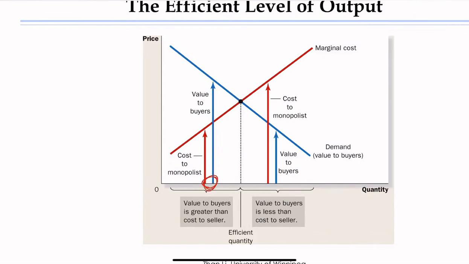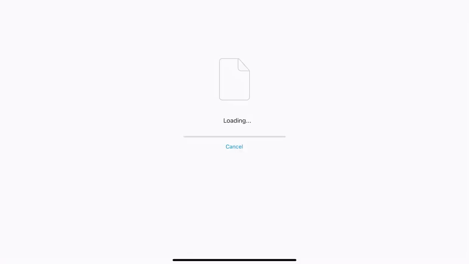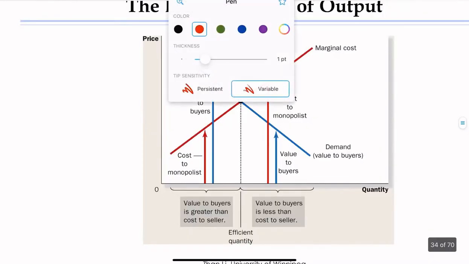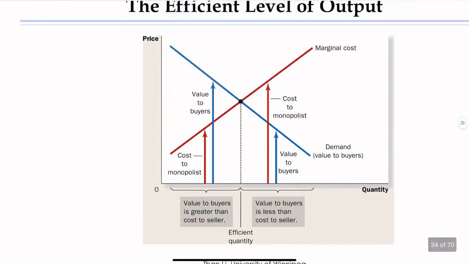So this is a quantity smaller than the so-called efficient quantity. So let me choose a different color. Okay, it's here. So this is the so-called efficient quantity. Let's say you're looking at this quantity here. So obviously this is a quantity which is smaller than the efficient quantity.